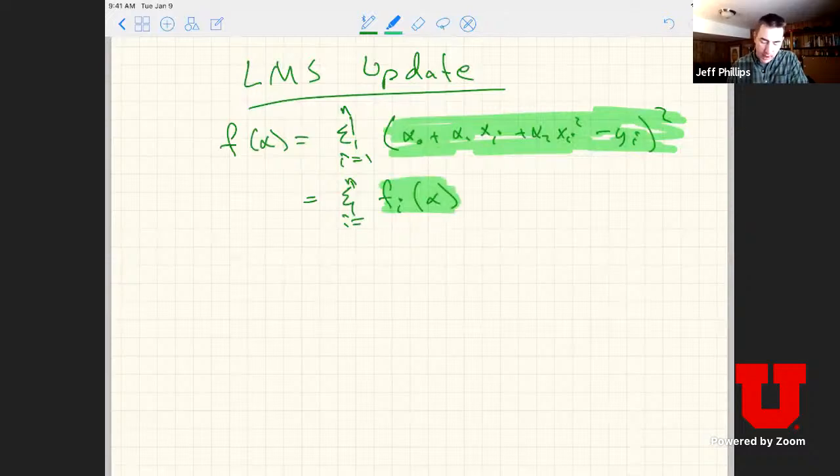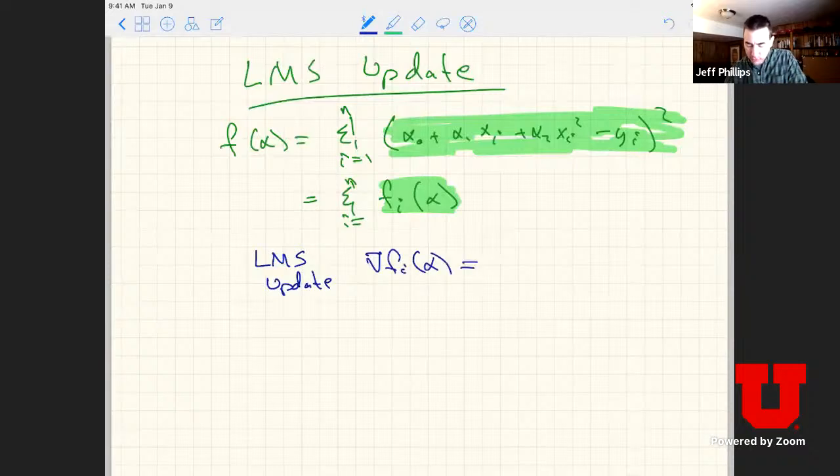Okay, and I note from the LMS update that the derivative of f_i of alpha is going to be 2 times, let's say, (alpha_0 plus alpha_1 x_i plus alpha_2 x_i squared minus y_i).